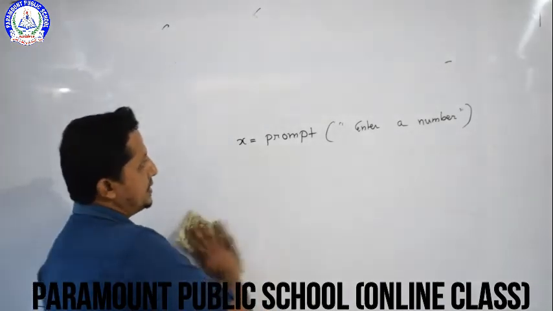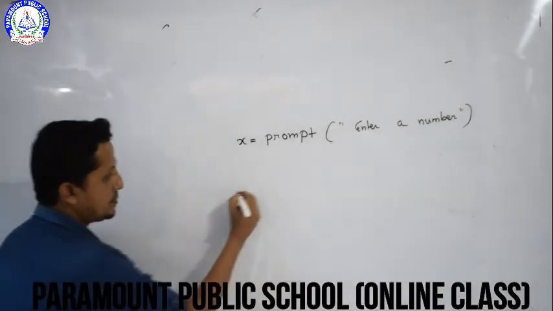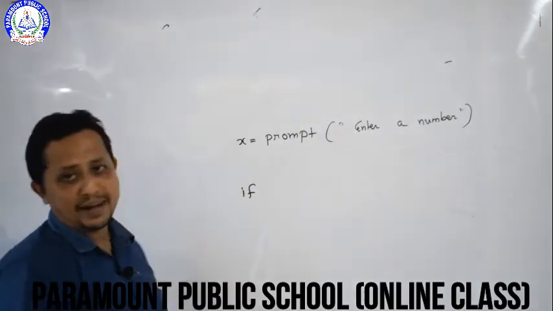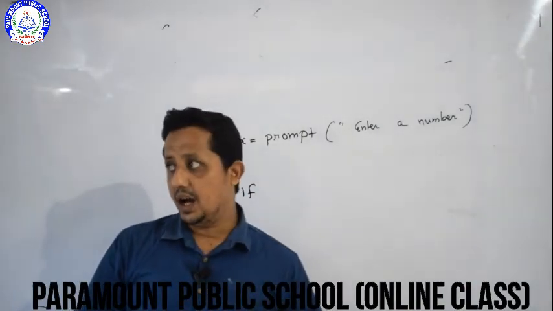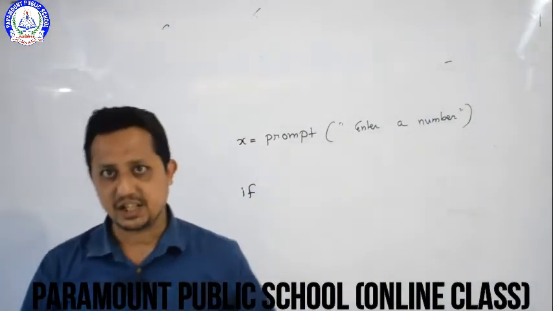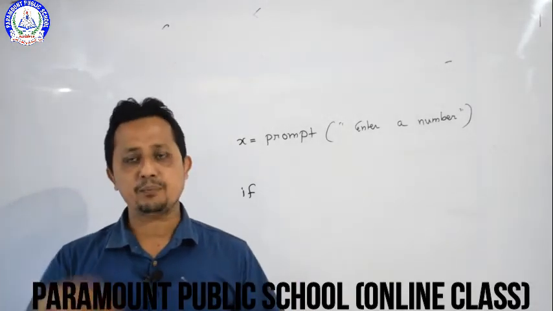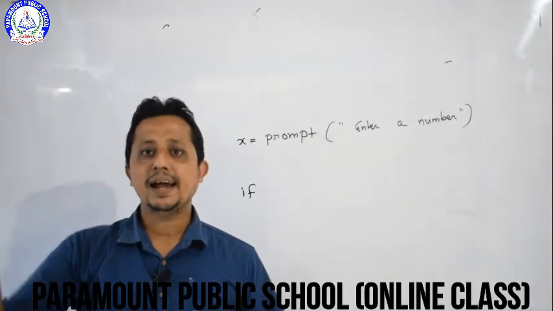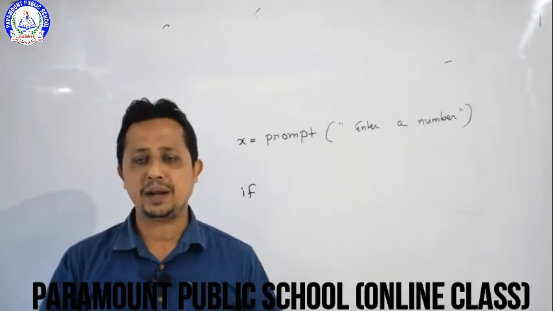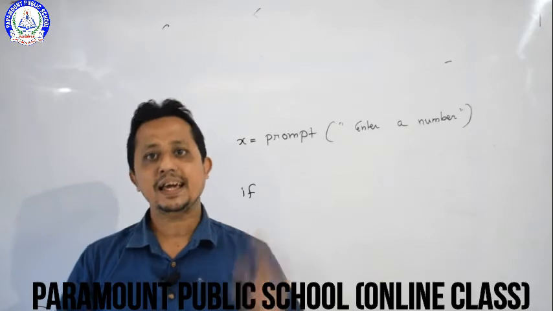The if statement is used for checking a condition. Now we want a program which checks a condition, and based on the condition it should display output. So we can use the if statement.